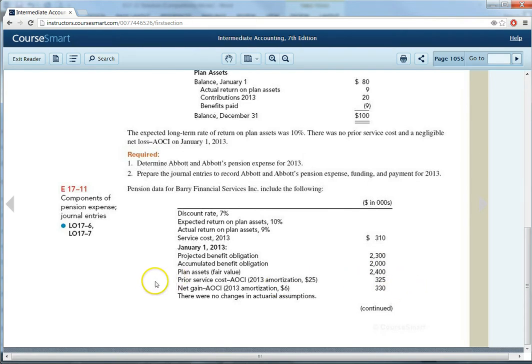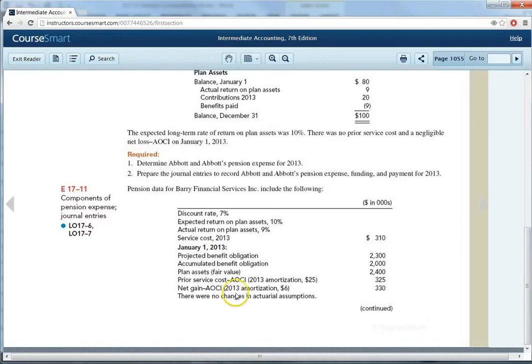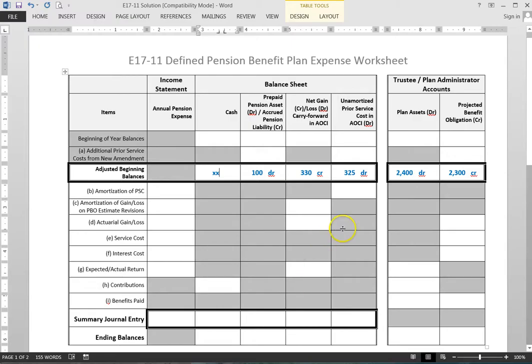All right, so now what we need to do is take a look at the worksheet, and typically the first set of changes that we would deal with are amortizations of the prior service cost, if it exists, and any amortization of gains and losses. The data in the problem tells us what the 2013 amortization is going to be. So for prior service cost, we are going to amortize $25,000.